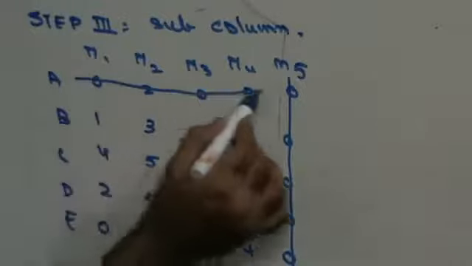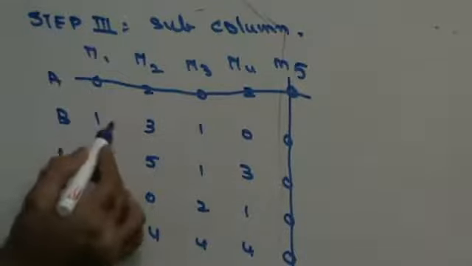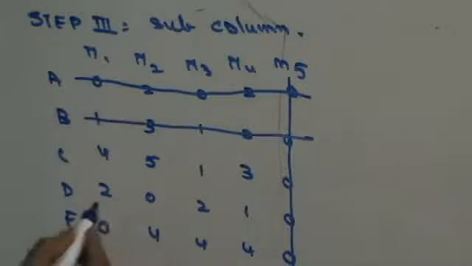Draw the minimum number of horizontal and vertical lines to cover all the zeros. I have 5 zeros here. The first thing I'm going to do is cover this out. Now, minimum number of horizontal and vertical lines. I can cover these 2 zeros here. All the others have only 1 zero. So I can cover 1 here, 1 here, and 1 here.